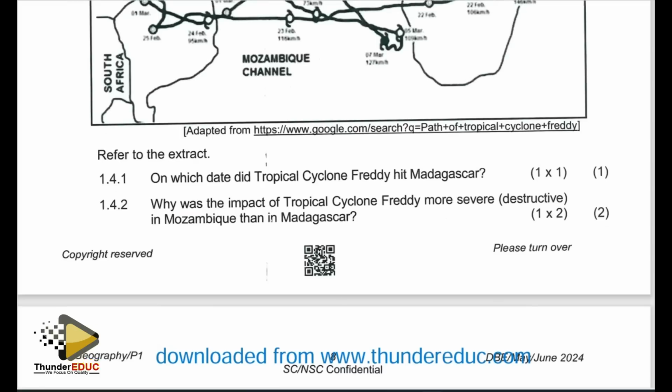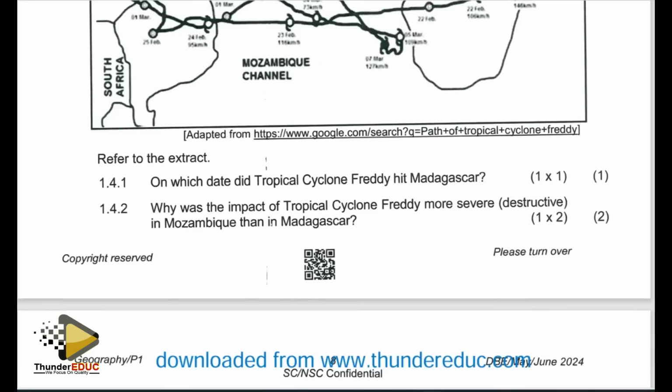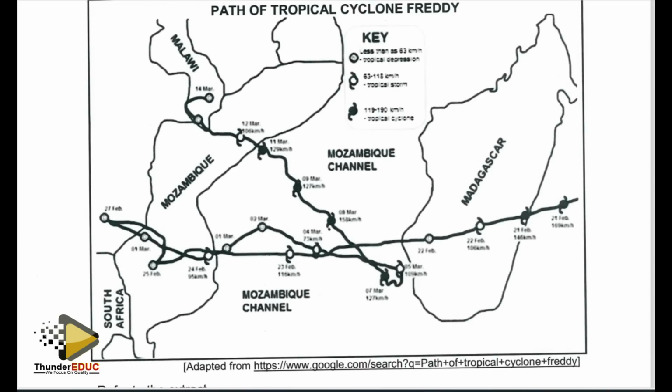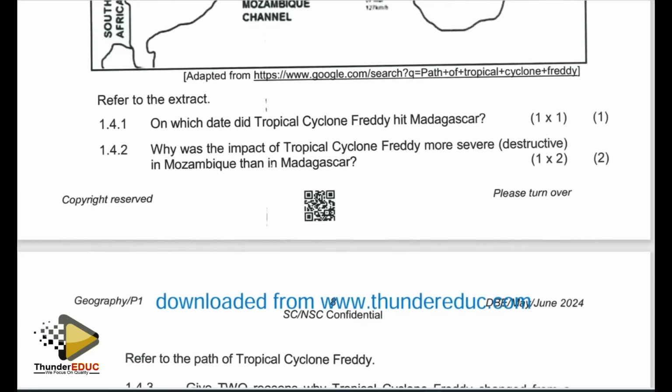Right, if we check, Madagascar is here and Mozambique is there, which will mean that for this cyclone to come from Madagascar to get to Mozambique, it has to cross through the Mozambique channel here. From the 21st of February, when it hit Madagascar, it crossed the Mozambique channel and reached Mozambique on the 22nd of February.